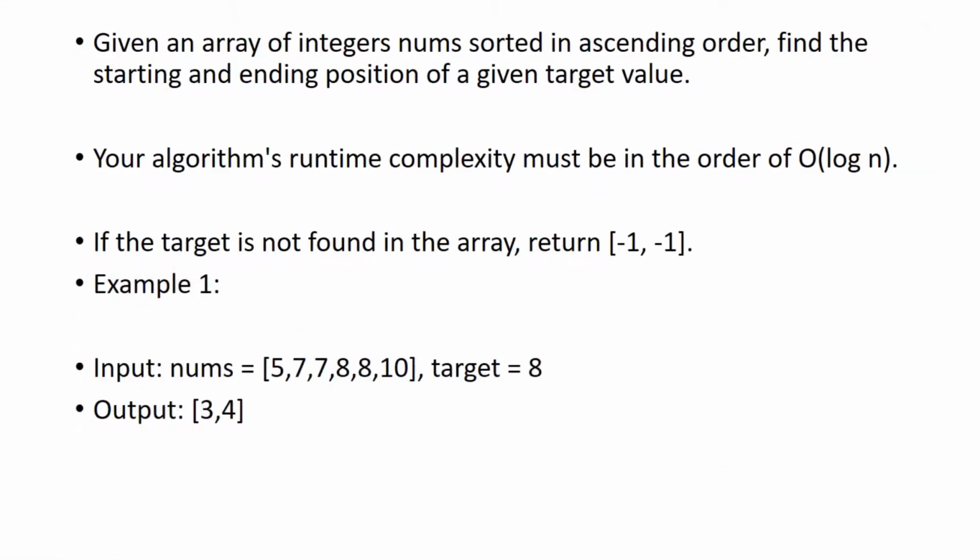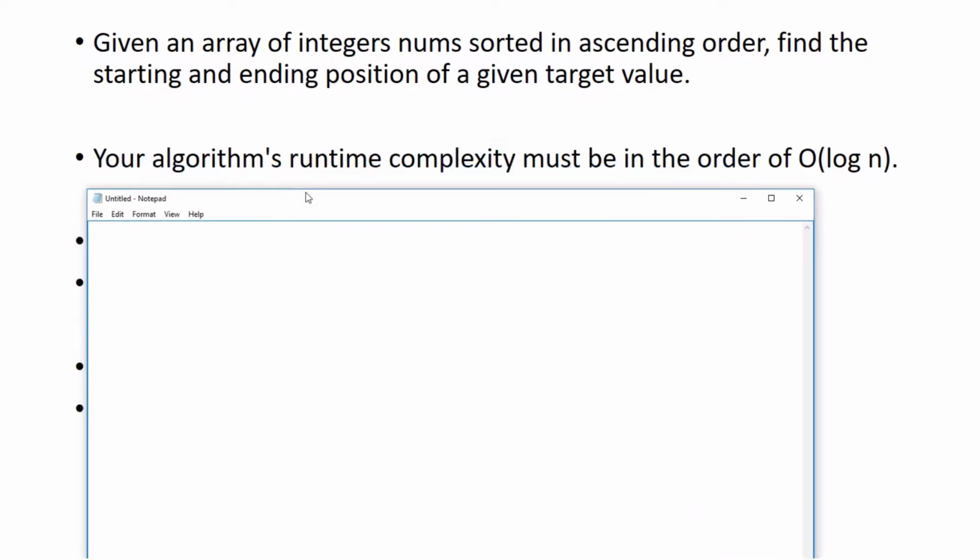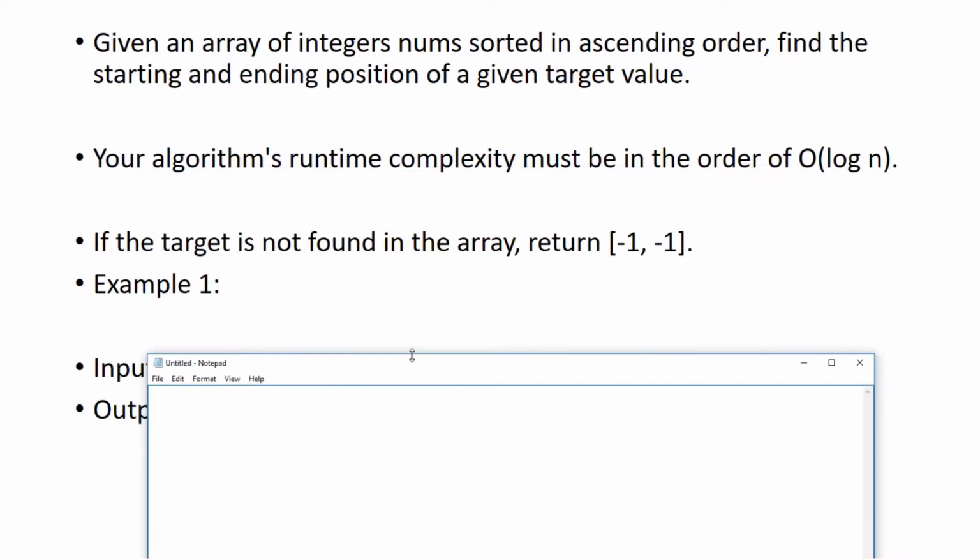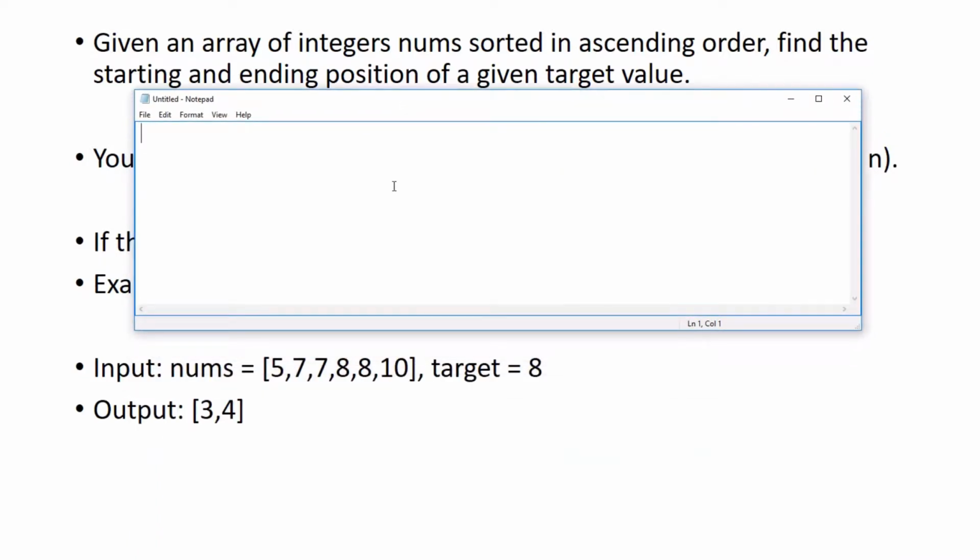Let me give another example. Let's say, for instance, we have an array where we have 1 and 3, and our target is 3. So what do you expect the program should return?